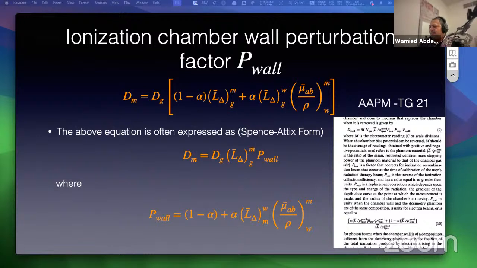So we will need additional correction factors. This is the equation, the P wall, the P replacement. This is a correction factor to account for the changes of fluence with the chamber and without the chamber.